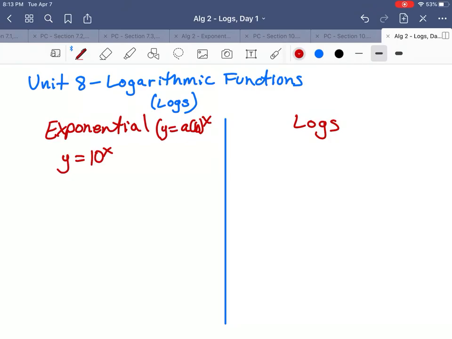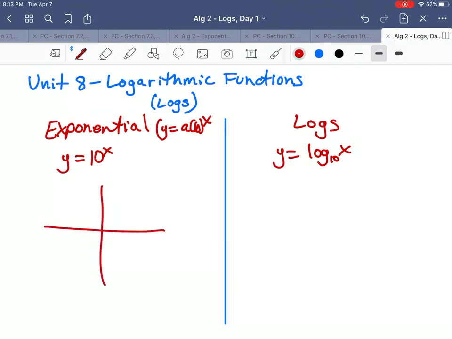And over here with logs, the basic log problem is this: y equals log base 10 of x. That 10 down there is a subscript, so it's kind of like an exponent, but it's underneath instead of above.